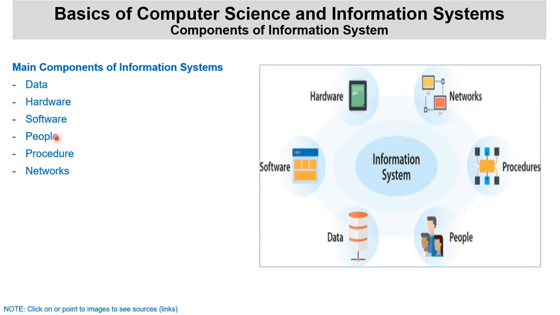And that is something that becomes a useful information to the people who need to use it. However, you need some form of hardware and software to be able to process that information, and you also need some procedure or way of working and maybe some interconnection of all this stuff and other things for it to work.